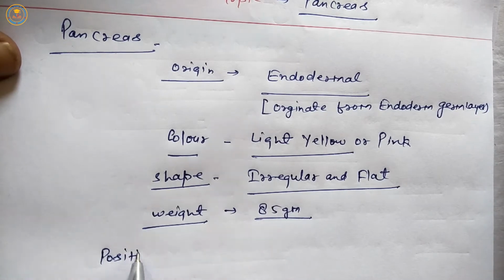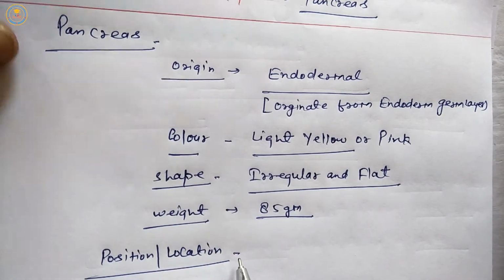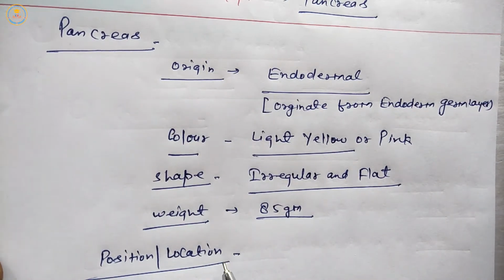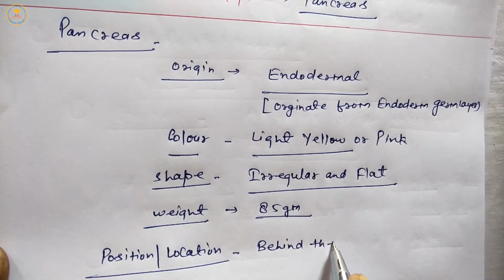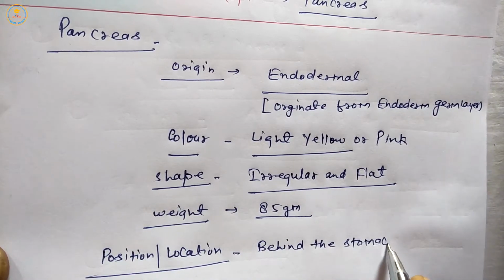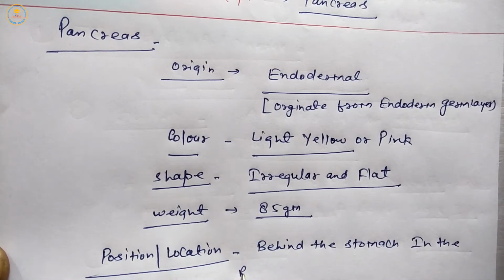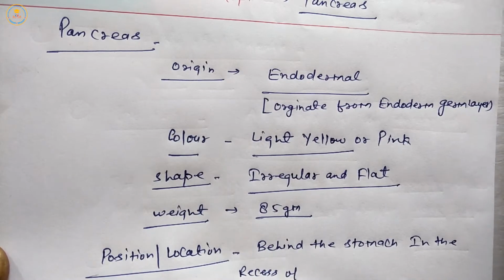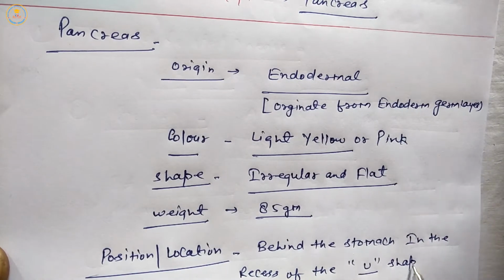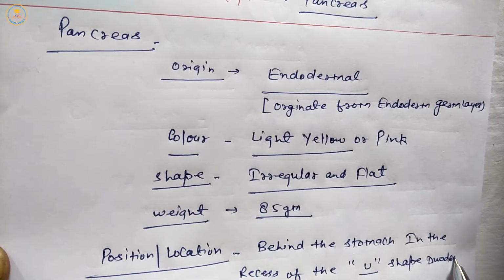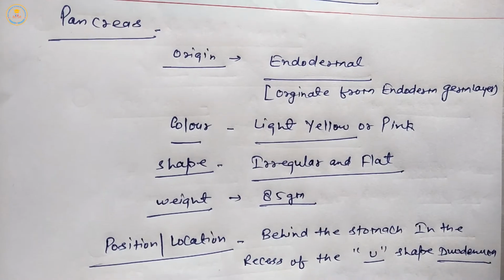Next is the position or location of pancreas: behind the stomach, in the recess of the U-shaped duodenum. Students, duodenum is a part of the alimentary canal and the first part of the small intestine.